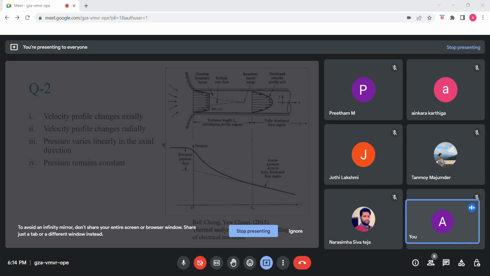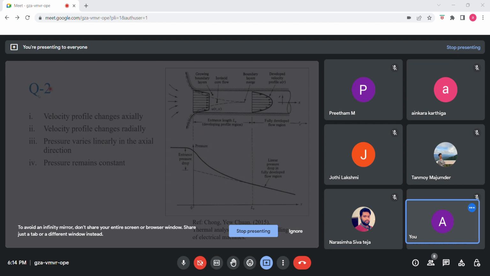Also, after fully developed flow, the pressure varies linearly in the axial direction, whereas before that it does not vary linearly. There is some abrupt decrease in this region, after which it attains the linear change in the axial direction.